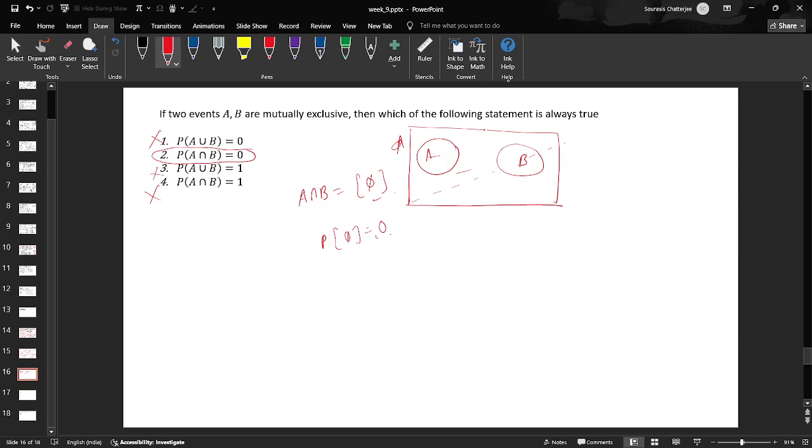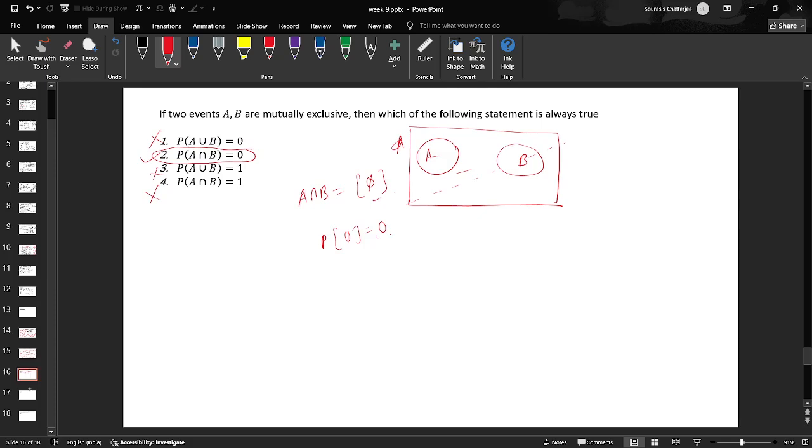When it says always true, it should be something that directly follows from the given information, and that is only the second one. If A and B are mutually exclusive, their intersection is always the null set, and the probability of the null set is always 0.